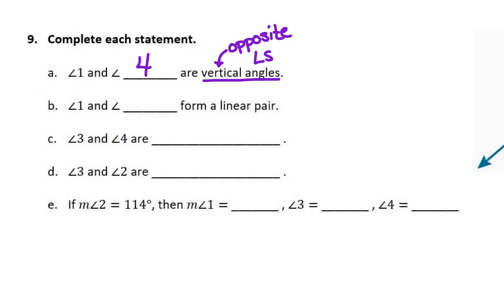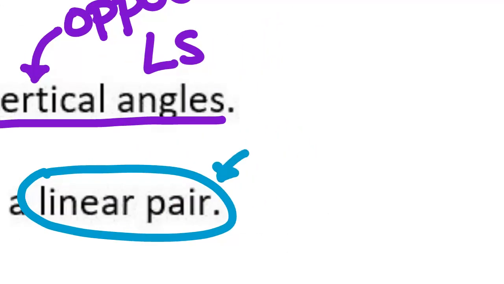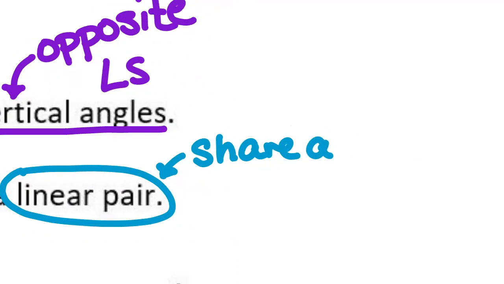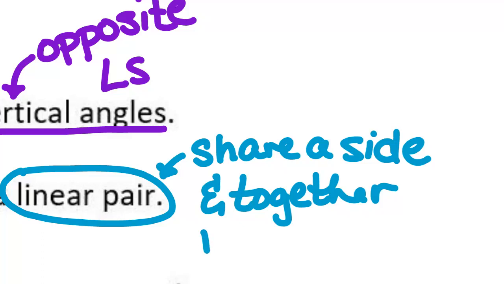Angle 1 and angle blank form a linear pair. To be a linear pair, we just mentioned this, they have to share a side and together make a line.